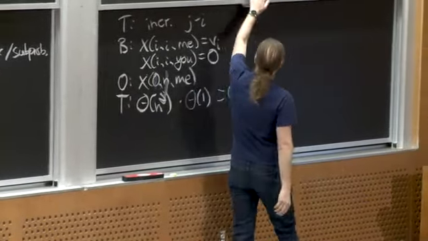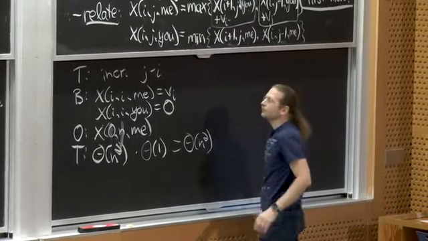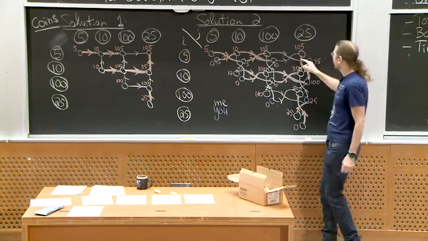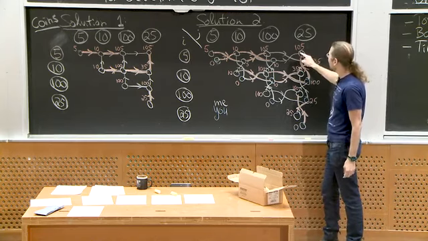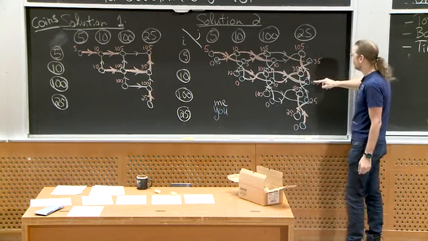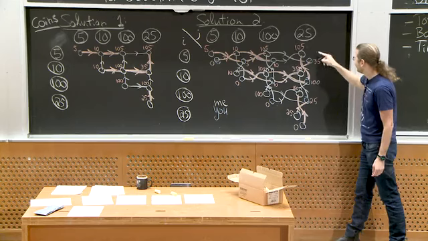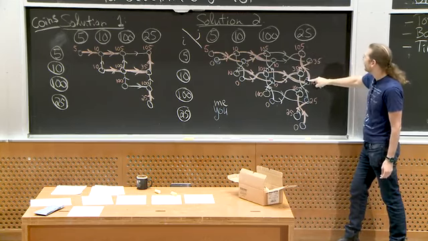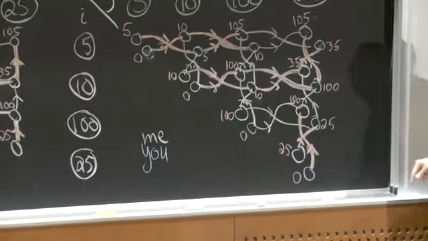So either I go to the left and I take that item, or I go down and I take that item. The claim is that the best answer here is to go here with the 100 and take the 5.